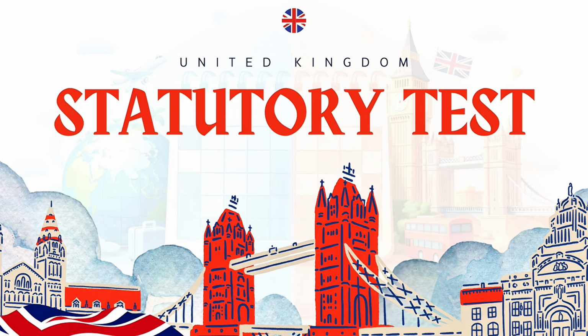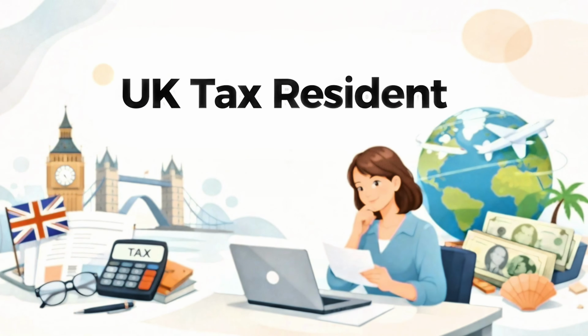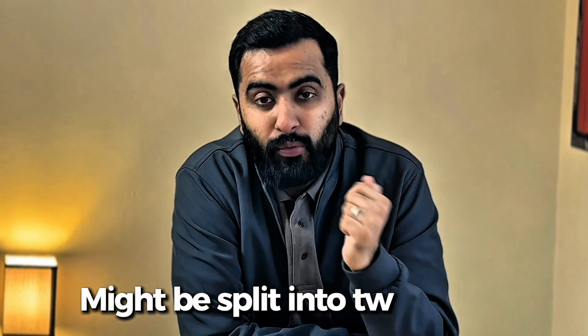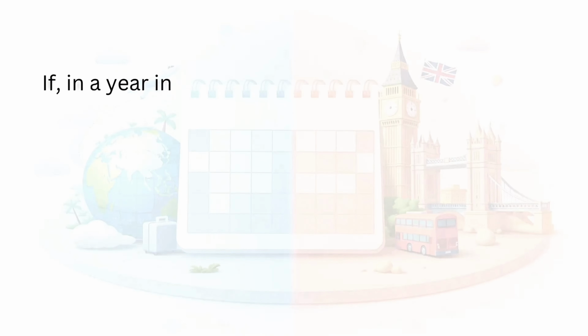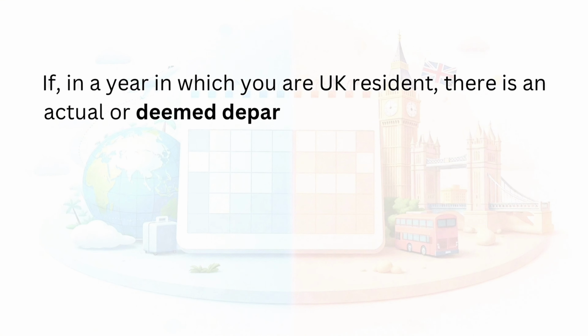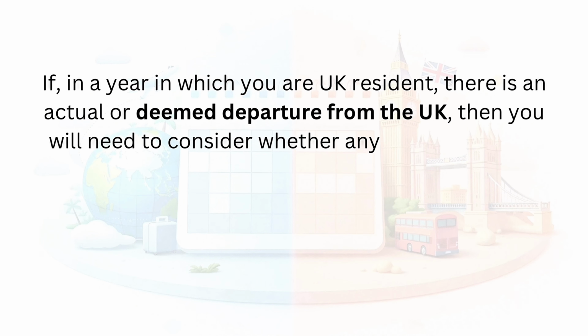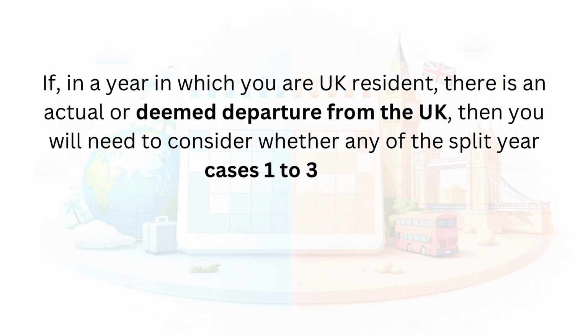And now the second most important part of the statutory residency test is split year treatment. If you are tax resident in the UK for the whole or part of the year, then that year might be split into 2 parts, a UK part and an overseas part. If in a year in which you are UK resident, there is an actual or deemed departure from the UK, then you will need to consider whether any of the split year cases 1 to 3 apply.